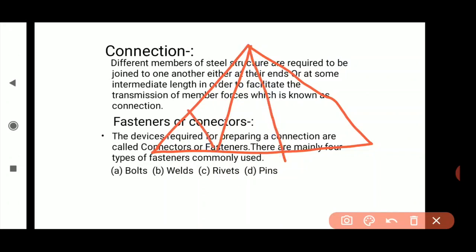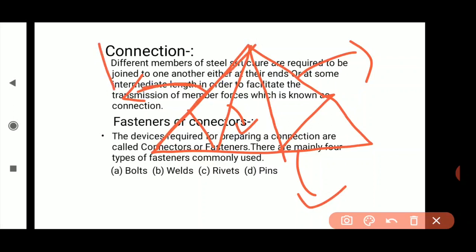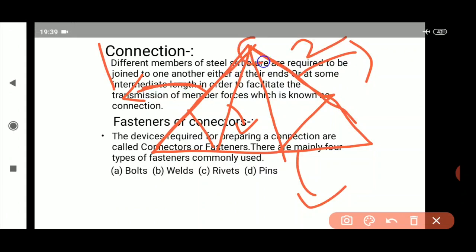These are individual steel members, and these members are joined and connected to form the structure of the truss. This is steel member 1 and this is steel member 2. These two steel members are connected at their ends.